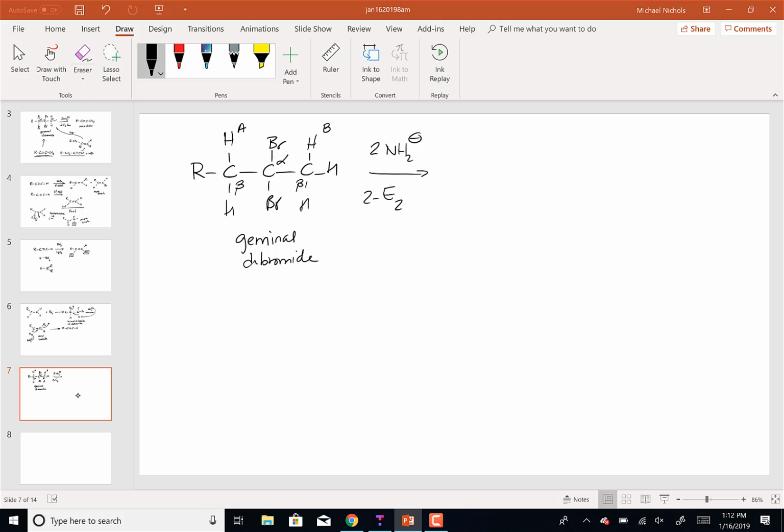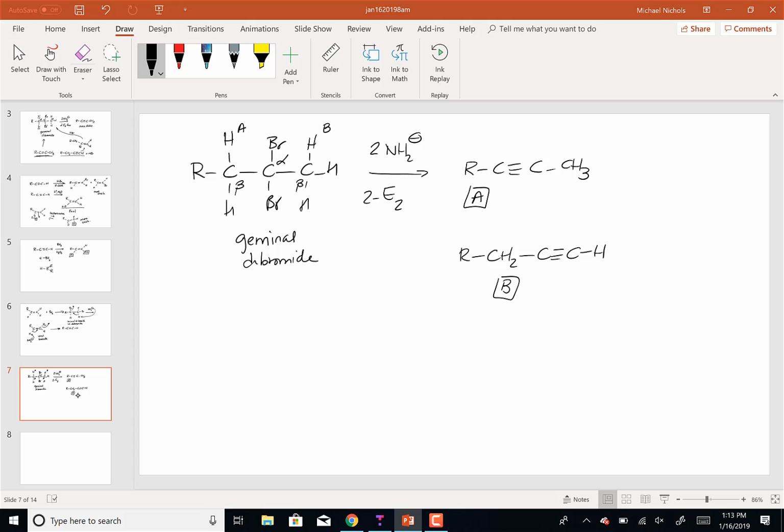If the base comes in and grabs both of the A beta hydrogens, I'm going to form a triple bond that is internal. So that would be the product if the NH2 minus grabs both of the beta hydrogen A's. And then I would form the terminal triple bond if we grabbed both of the beta hydrogen B's.